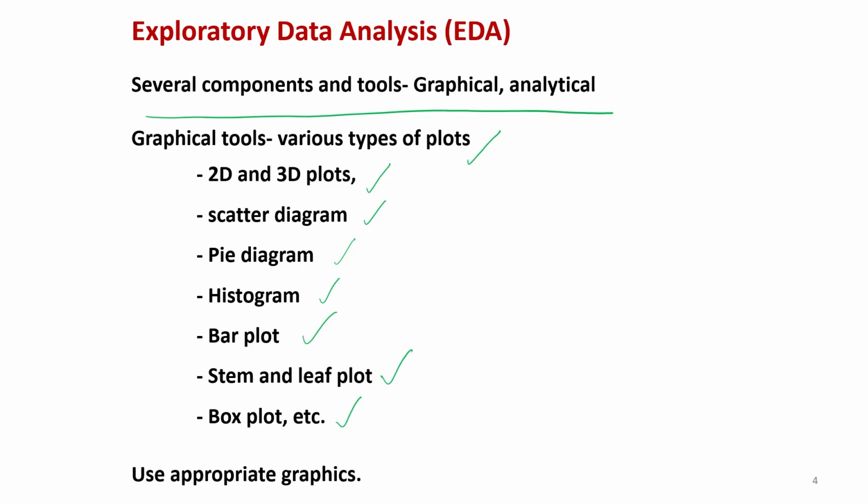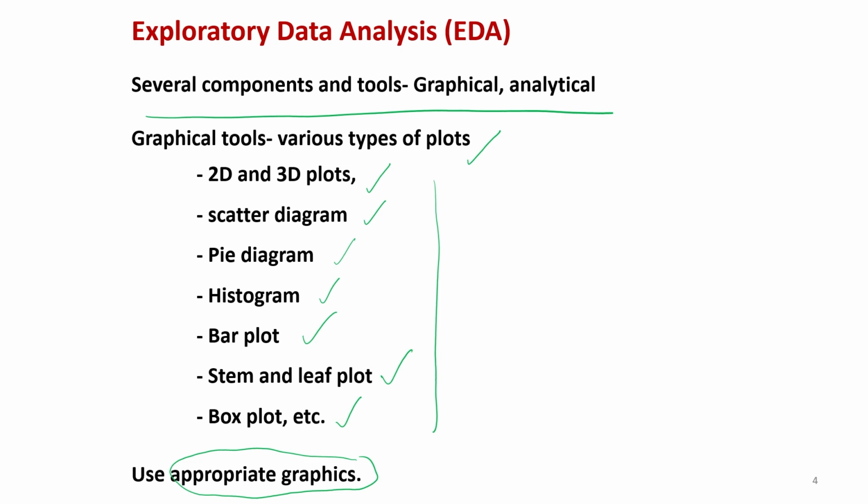Depending on the objective, we have to decide what type of information we need to fulfill it, and then which graphic is more suitable to give that type of information.